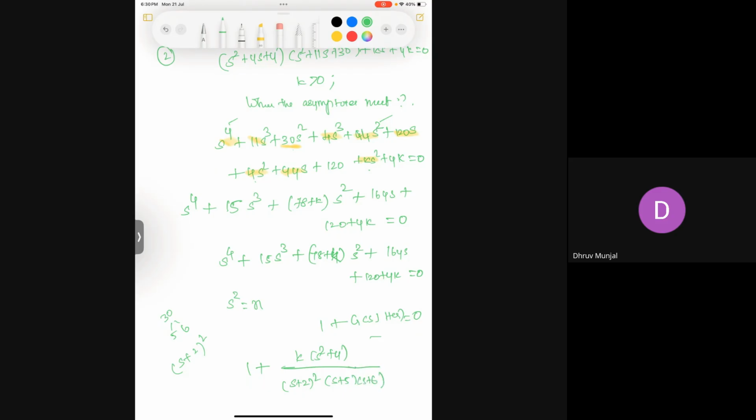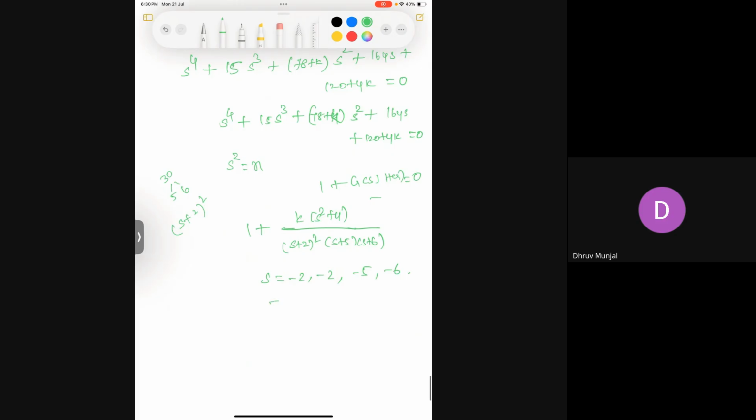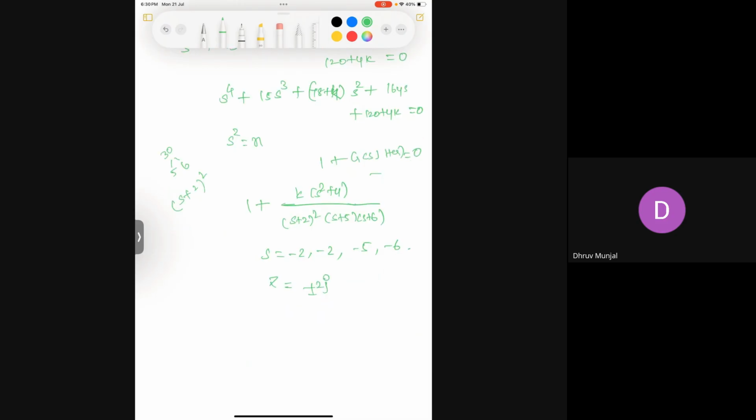Good. Now we have poles easily. So the poles will be minus 2, minus 2, minus 5, minus 6. Good. The zeros will be plus or minus 2j. Right? So finding the asymptotes will be easy.